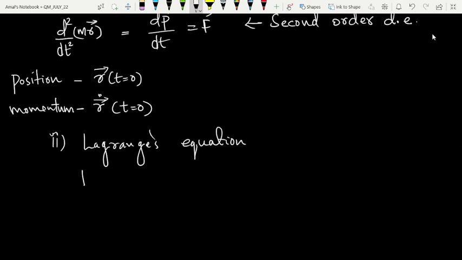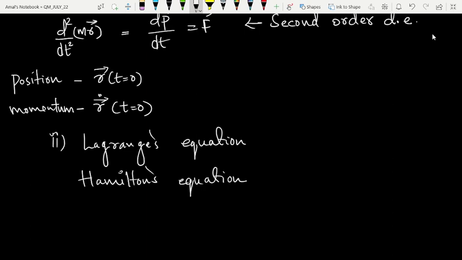Then Hamilton's equation. These are all equivalent ways of representing one fundamental thing, how a particle moves, or how the state of a particle changes.